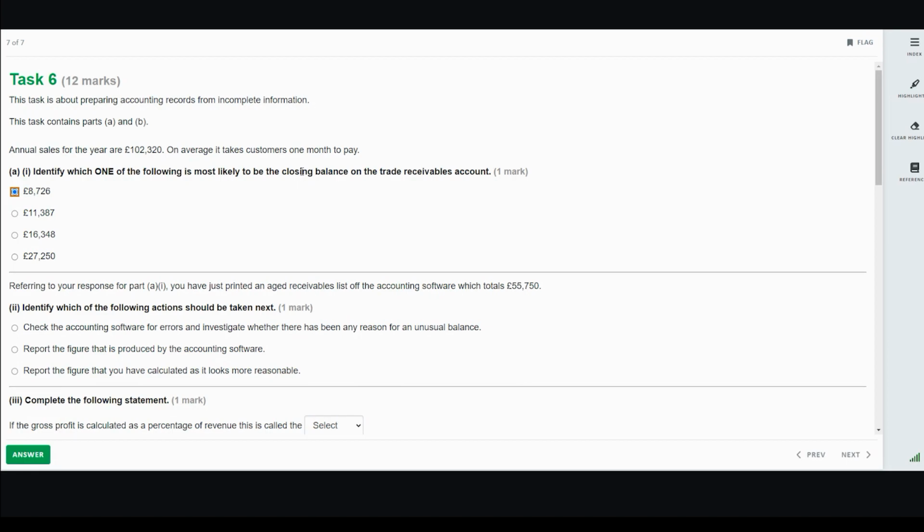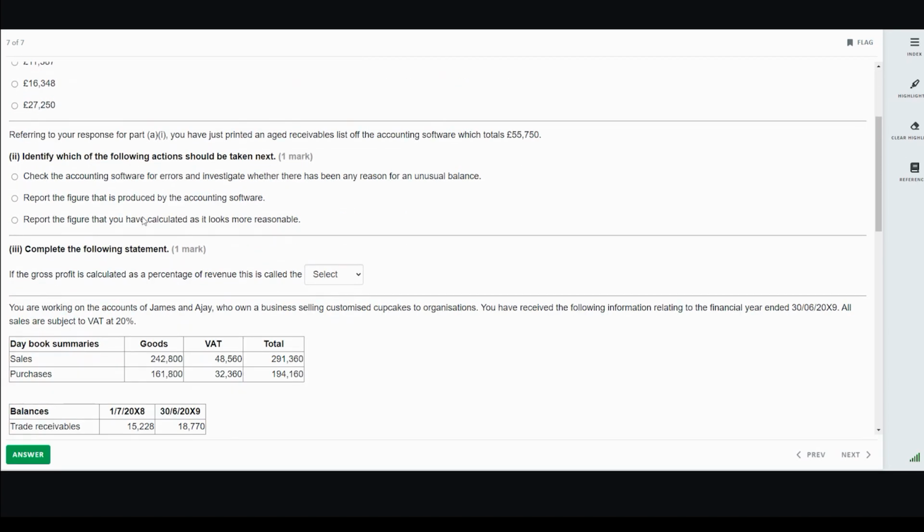If it were 2 months, times it by 2 and you get 16 or 17,000 and so on. That's the easiest way to do it. It's only 1 mark, so don't think that you have to spend hours on it. All you're doing is dividing by 12. It's 1 month to pay, so on average you've got around £8,726 outstanding.